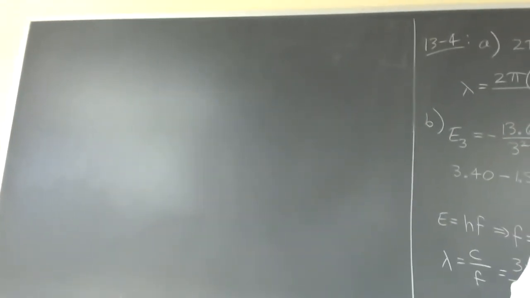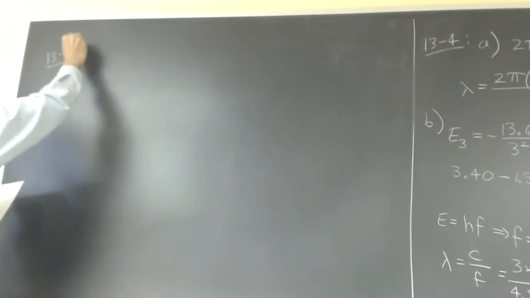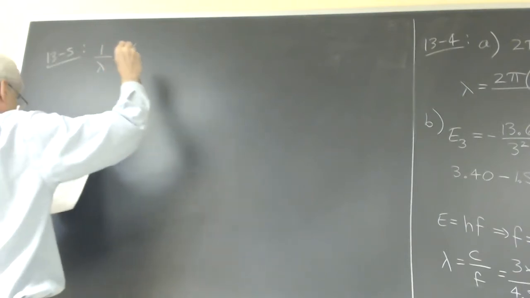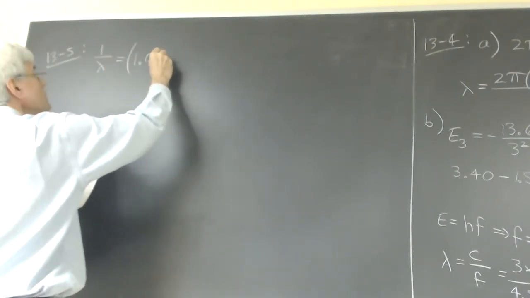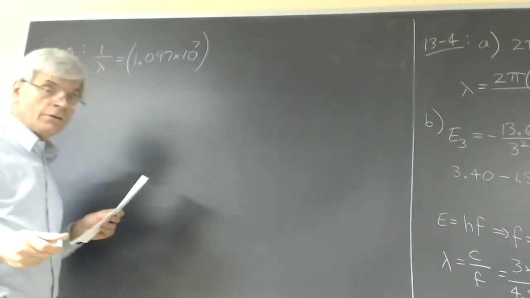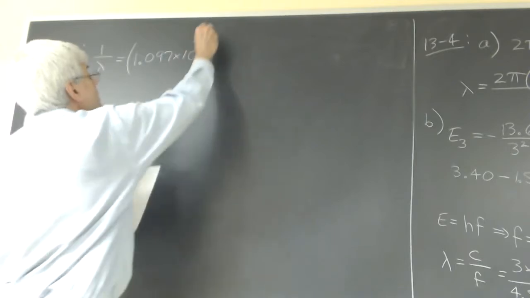And then I'll write it out. Good. Number 5. Quicker and easier. 1 divided by the wavelength equals this number. It's called the Rydberg constant, and I'm sure you didn't care.